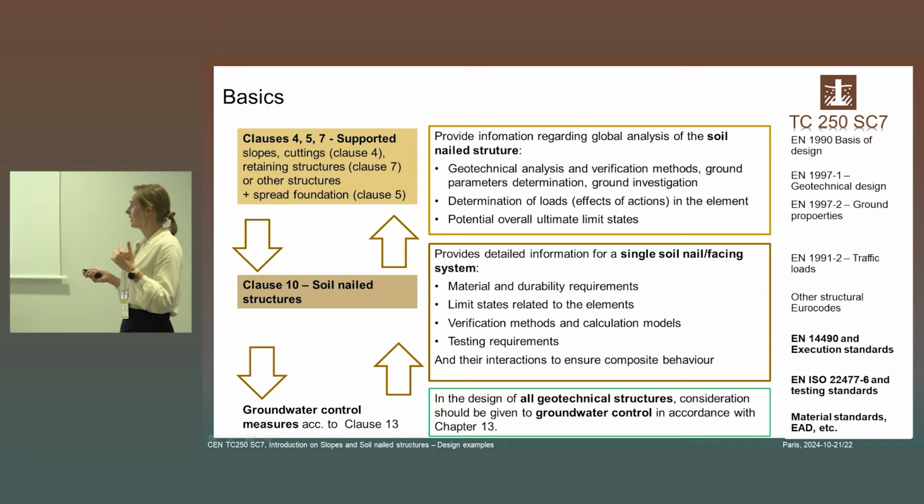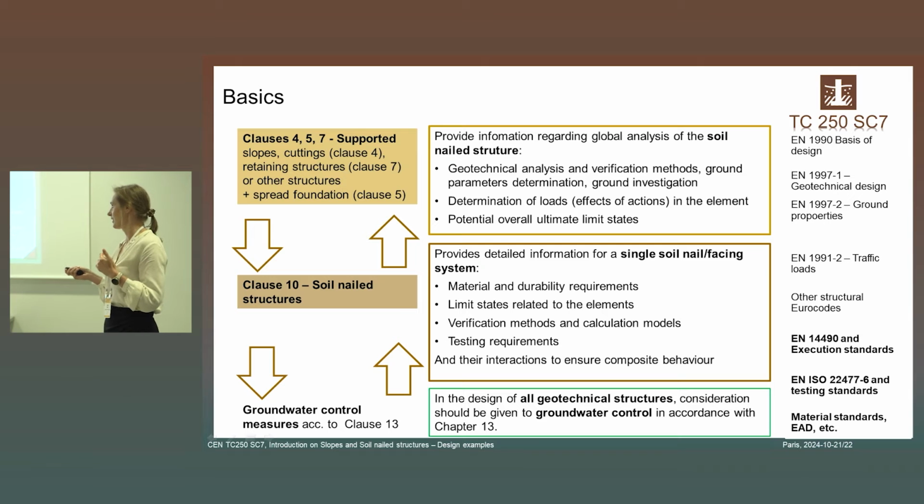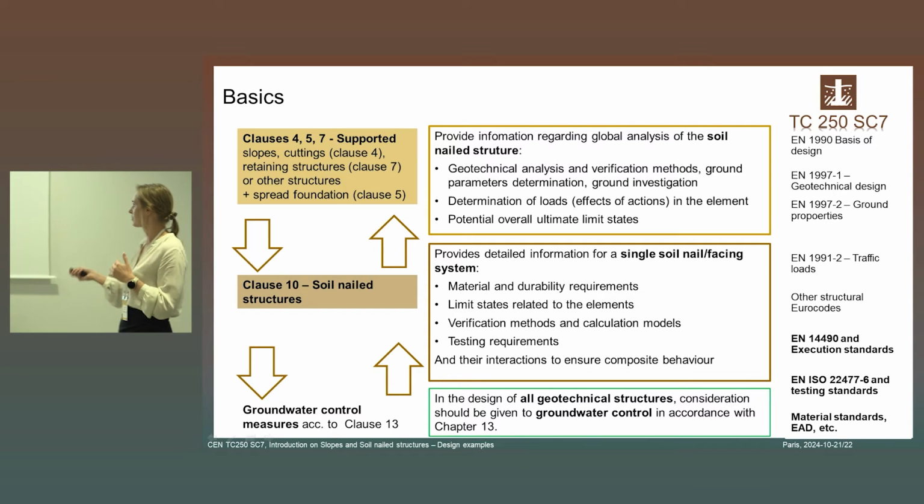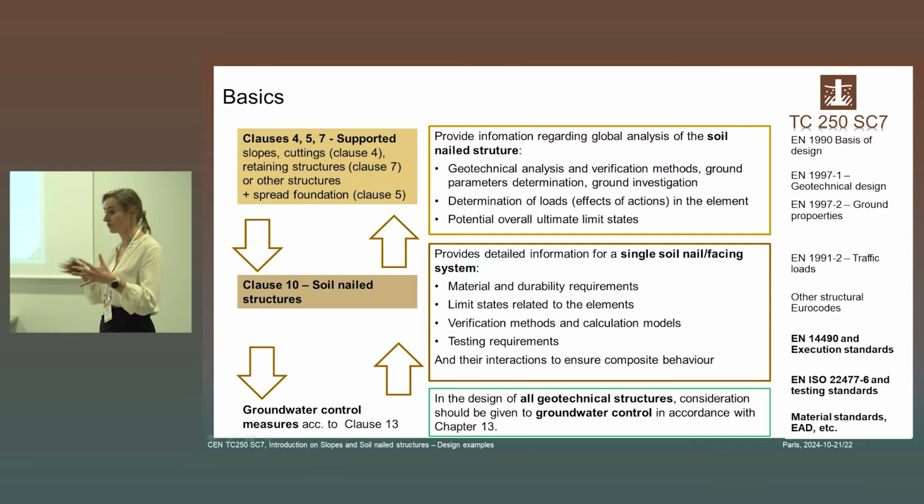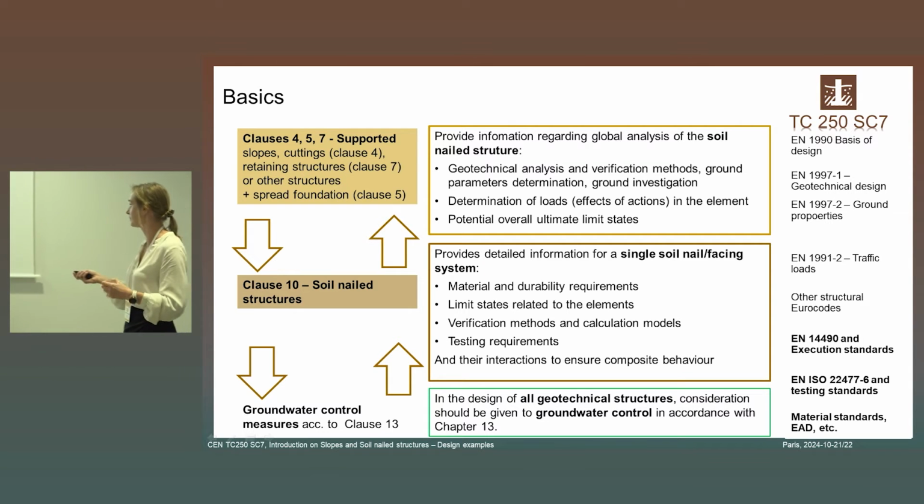Clause 10 obviously describes soil nail structures. However, it focuses more on the soil nails themselves, the facing systems themselves, their limit states, material verification, and so on. But regarding the loads working on those elements, the general aspects like ground investigation are all covered or referenced in clause 4, 5, or 7, depending on where we apply those soil nails and facing.